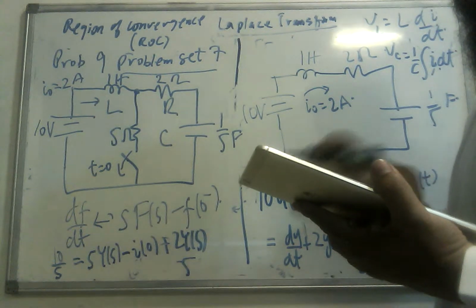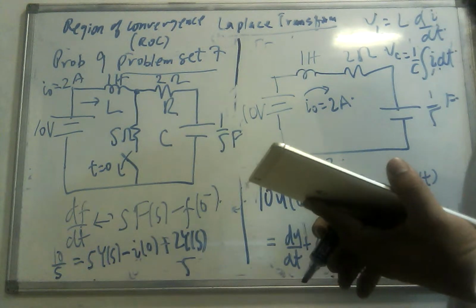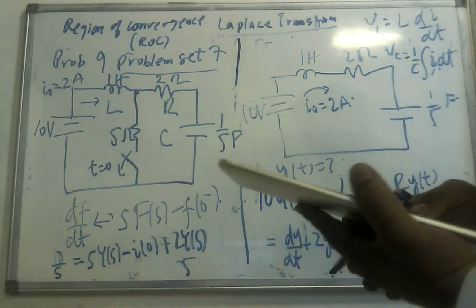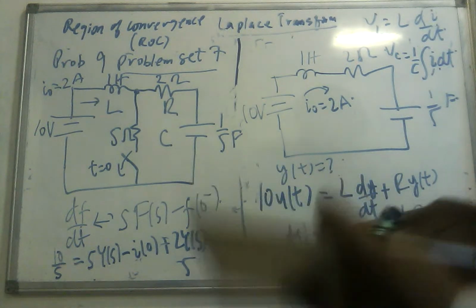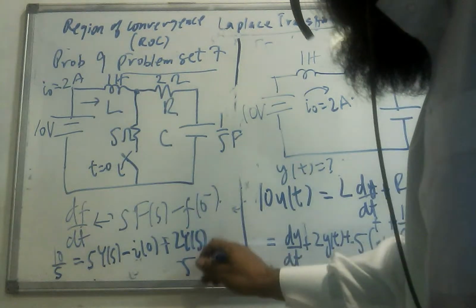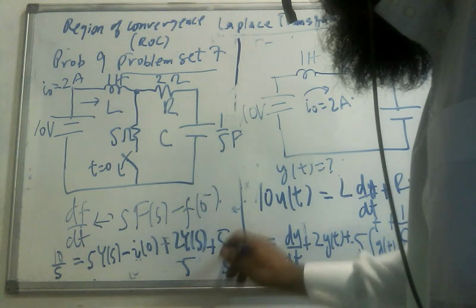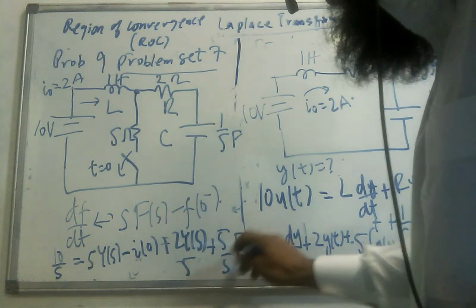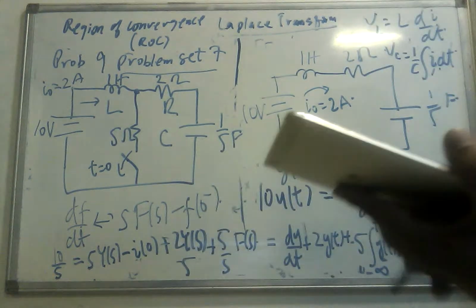The Laplace transform of the integral is 1 over s F of s. So it will be plus 5 over s y of s.